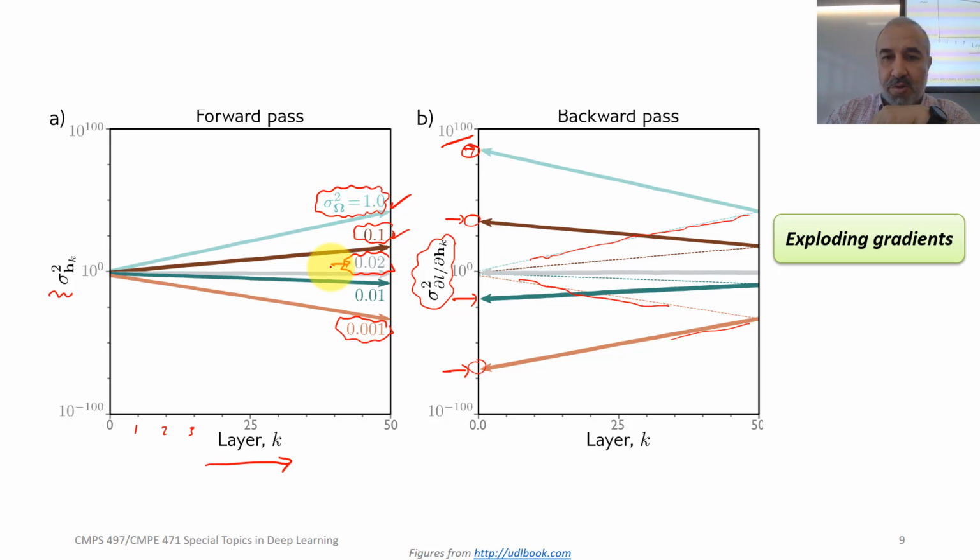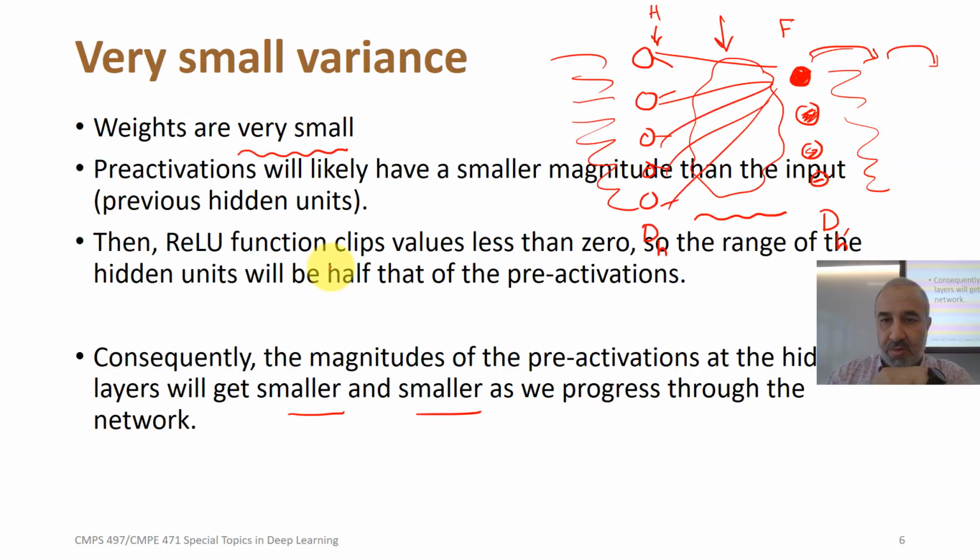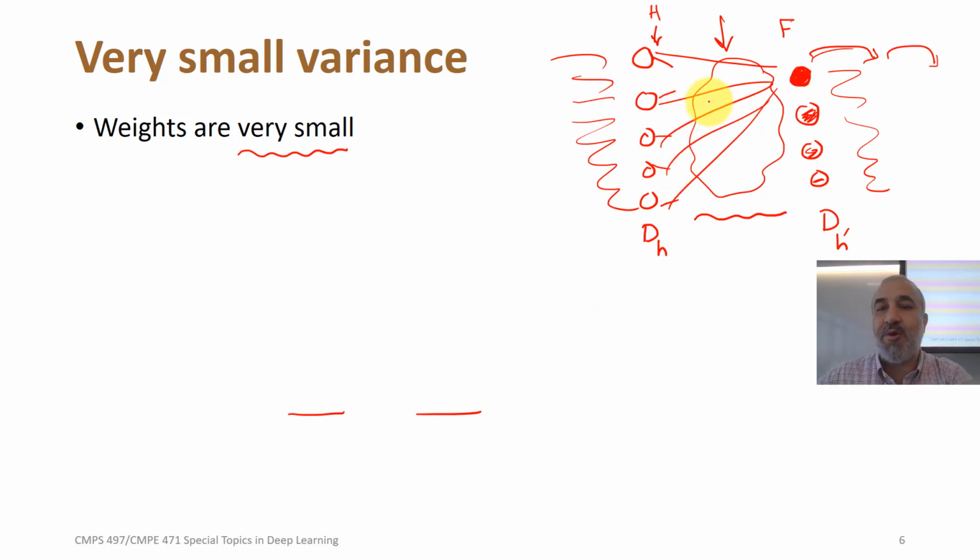Now, if we go back to the figure that I started to draw here, what is happening here? Let's say that we have a specific variance here. When we get the weighted sum here, we get it from all of these neurons, right? Which means that the range of the value will be amplified by the number of these neurons.